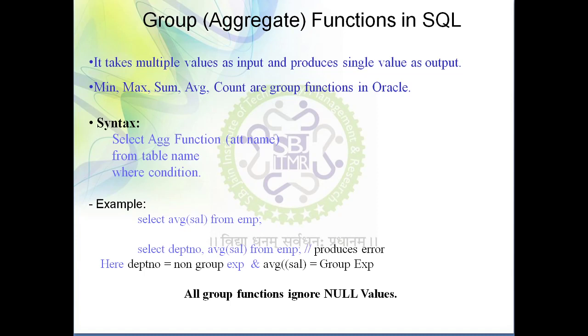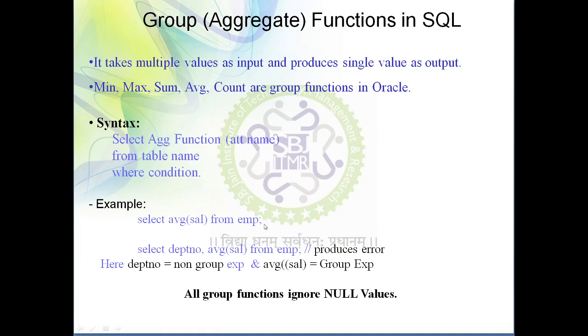Later on I will tell you, but till now just understand the syntax and how to use an aggregate function. Now a simple example: select average of sal from employee. It will return the average salary paid to employees in the employee table. Here I can specify a condition.